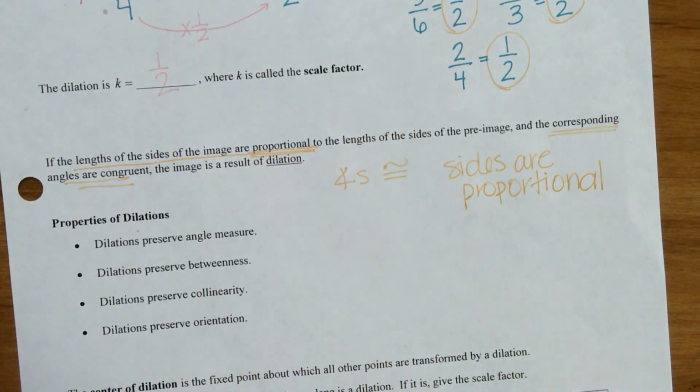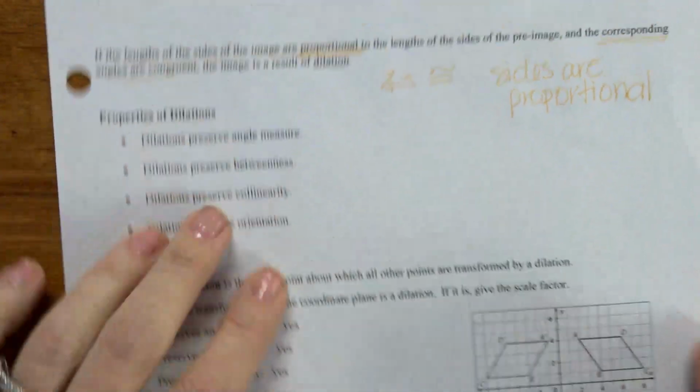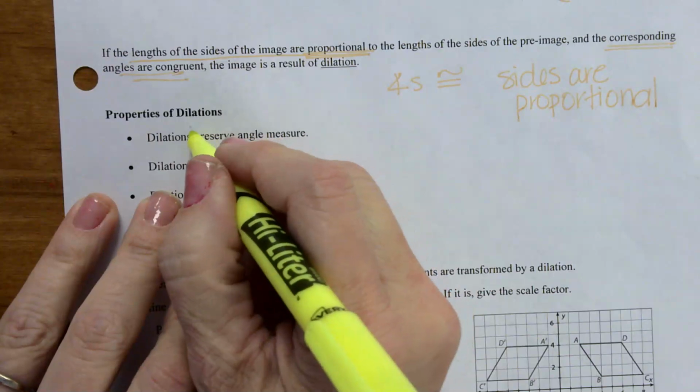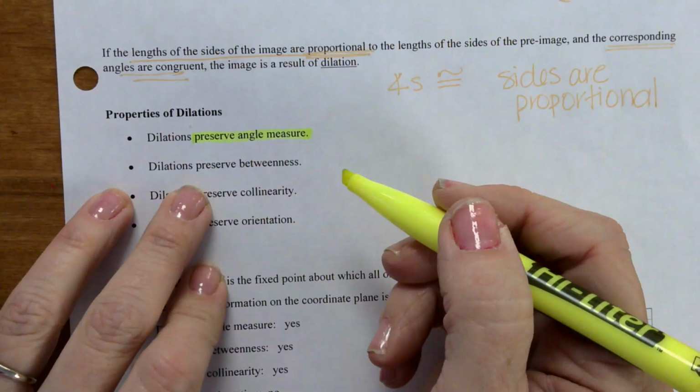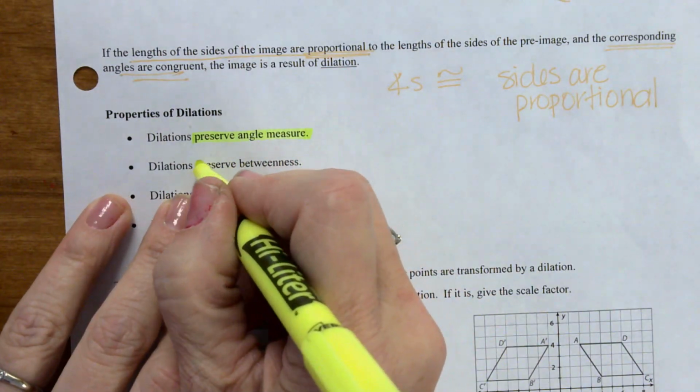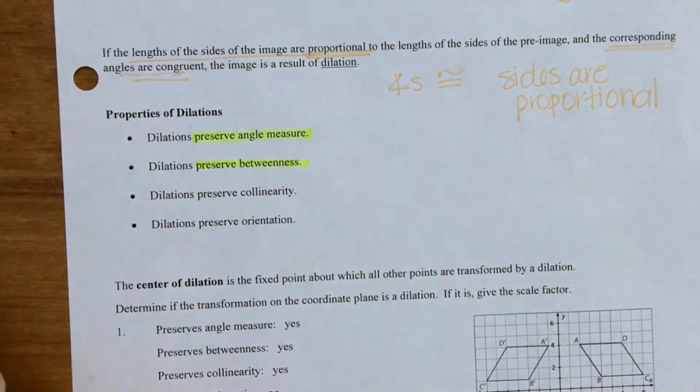Dilations also do something else. They preserve several things of your shapes. First of all, they preserve the angle measurements. You're going to have congruent angles. They're going to preserve what we call betweenness. And here's what that means.